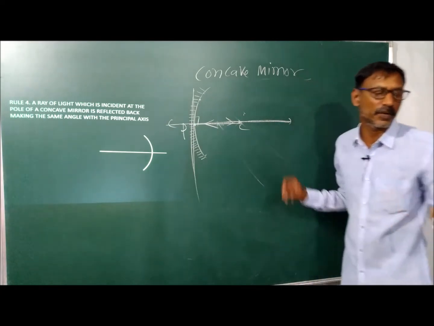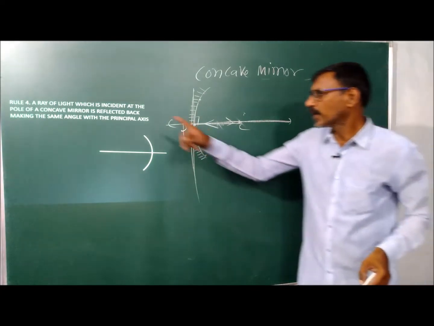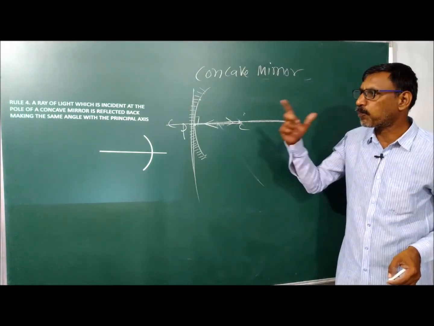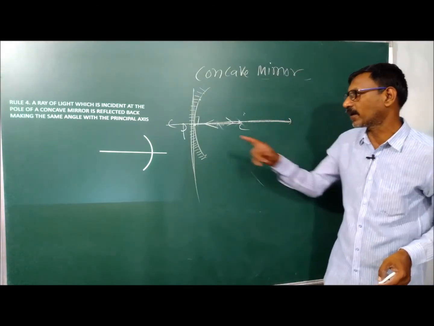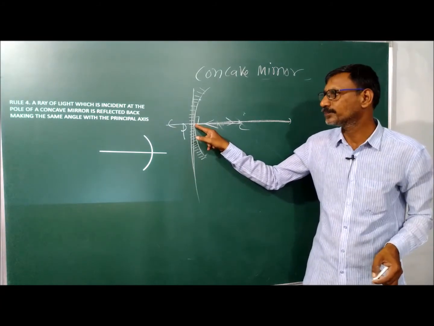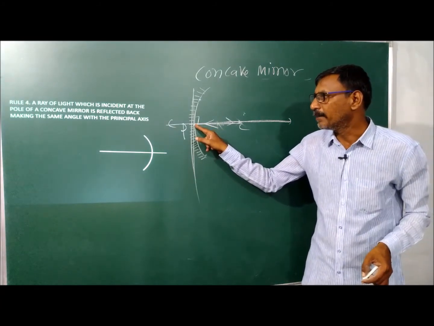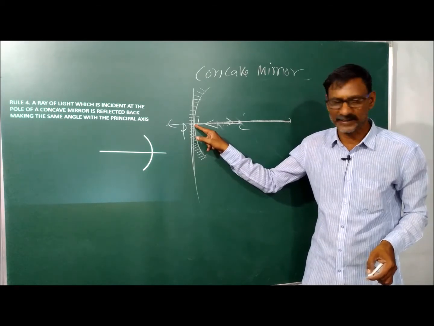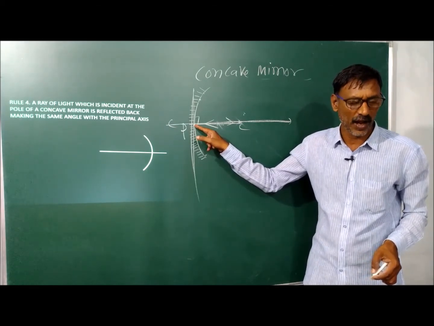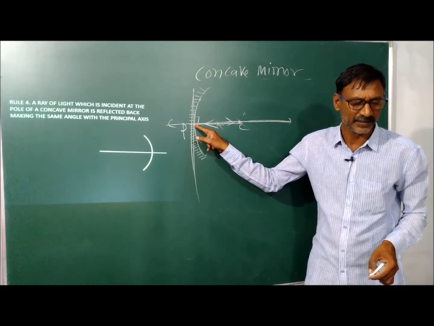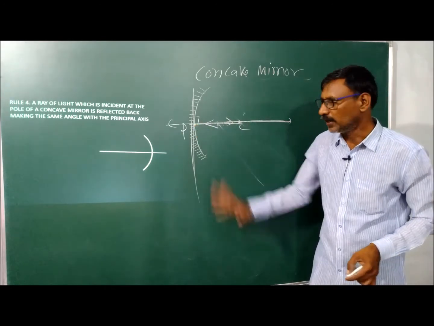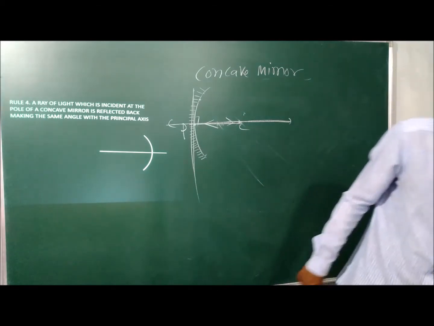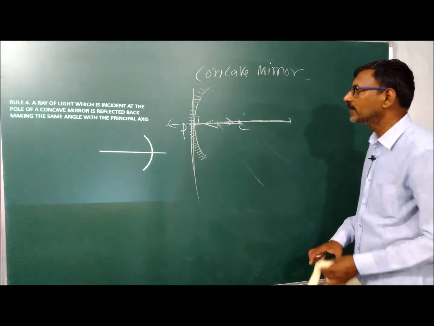That is the reason it bounces back along the same path. A ray of light which is incident at the pole of the concave mirror is reflected back making the same angle with the principal axis. Clear? So these four rules help us study image formation in a concave mirror.